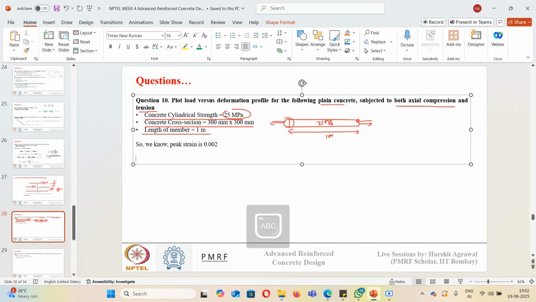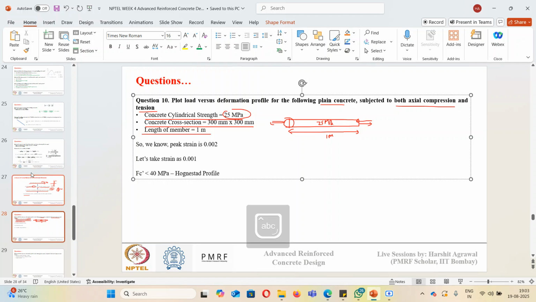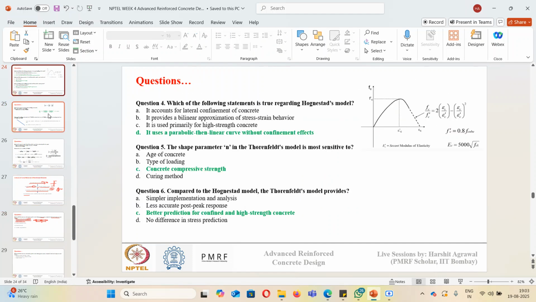First, let's take strain as 0.001. We know this concrete's f'c is less than 40 MPa, so which profile will we use? We'll use the Hognestad profile.